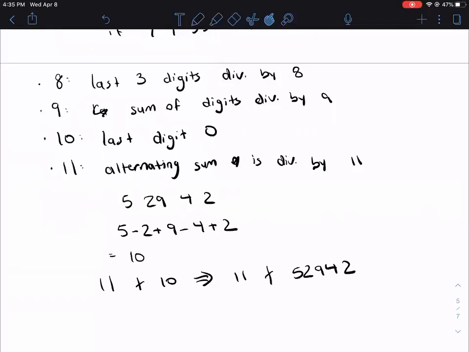Are there any that you want explained again? Wait, the pyramid thing? I'm not sure I know what the pyramid thing is, but I think it should be similar. Okay, 8. For 8, the last 3 digits are divisible by 8.